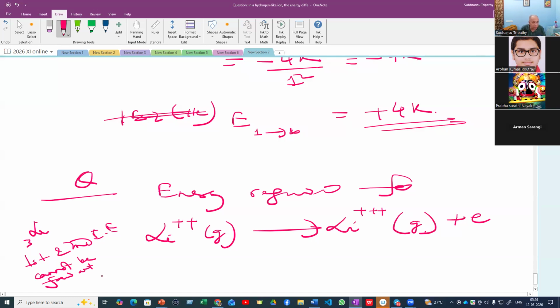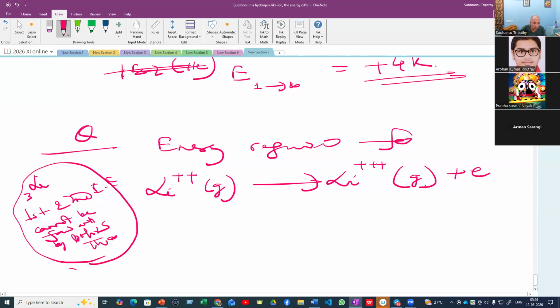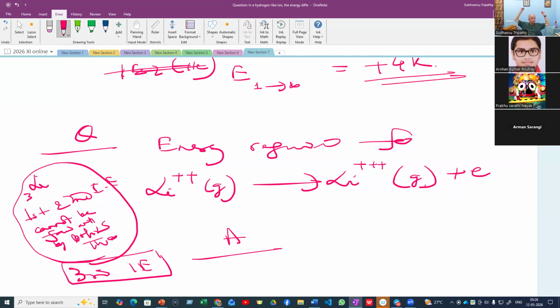By using Bohr's theory, you can very accurately predict what will be the third ionization energy. How much? It is 9K. Definitely 9K. So why are you asking in this mode, which I usually detest?